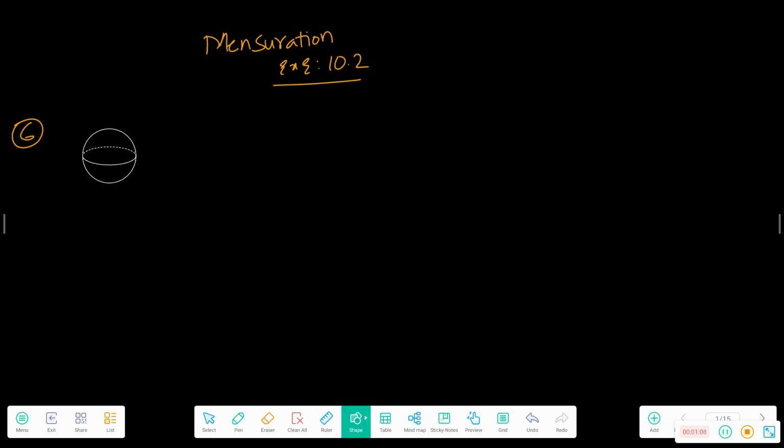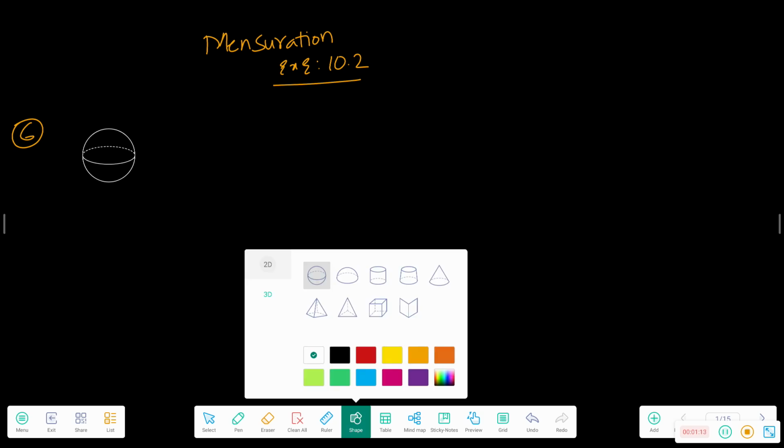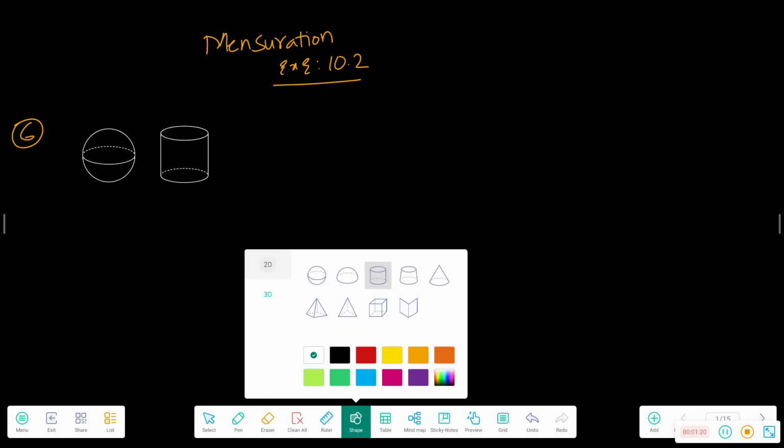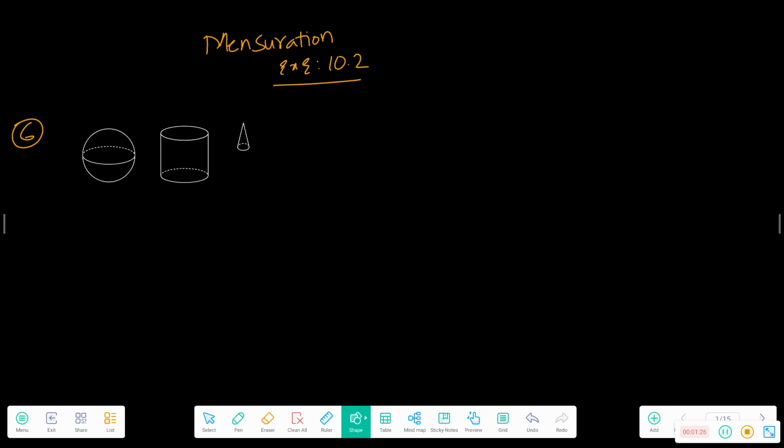Here we have a sphere, and next they have given a cylinder, and next a cone. These three, sphere, cylinder and cone, have the same radius and the same height.